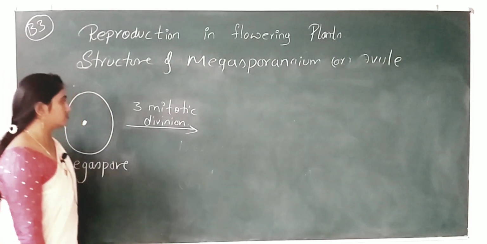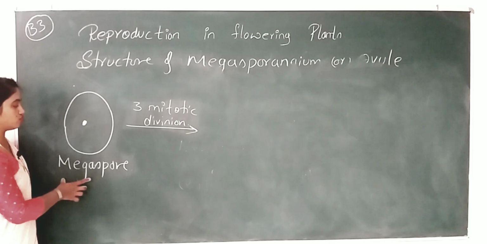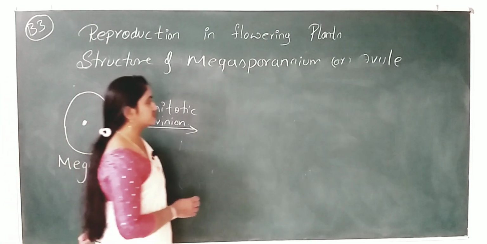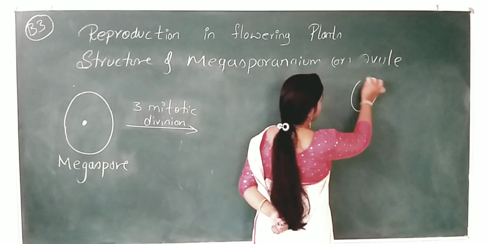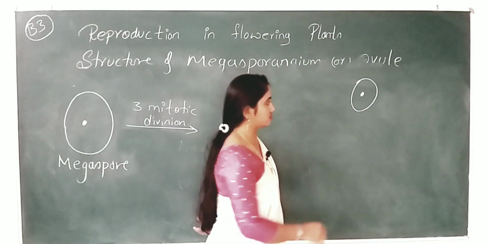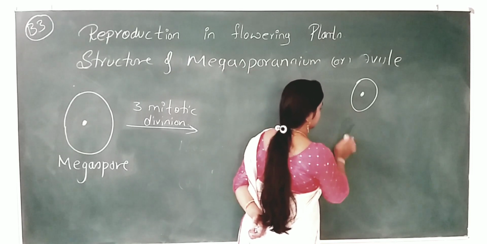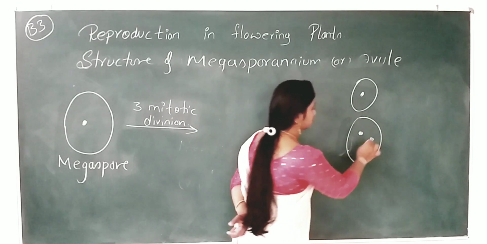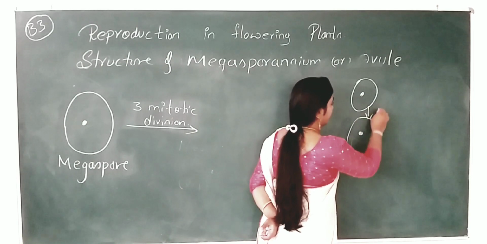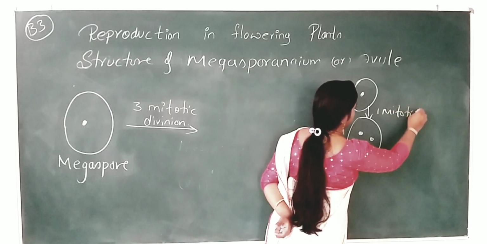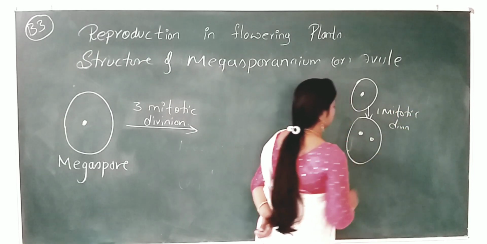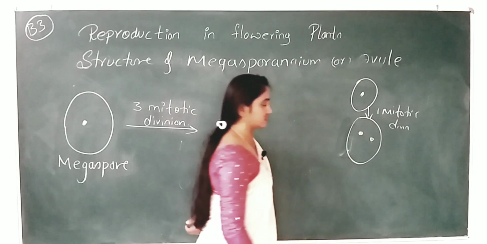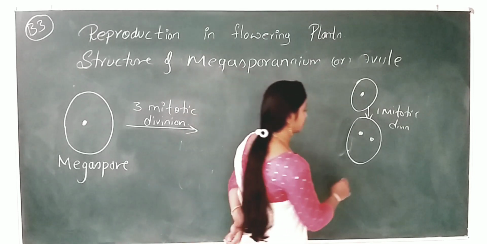As I told you, the megaspore undergoes 3 mitotic divisions. Just think, here we have 1 megaspore. If karyokinesis occurs in the megaspore, it results in the formation of 2 nuclei. This will be the first mitotic division. Now this megaspore has 2 nuclei, only karyokinesis has taken place.